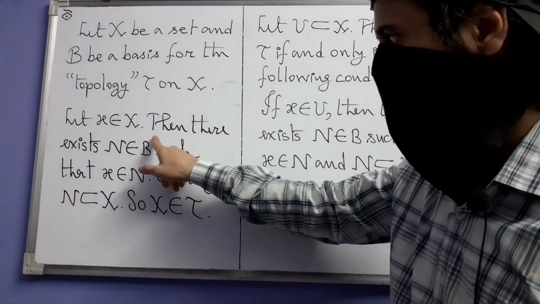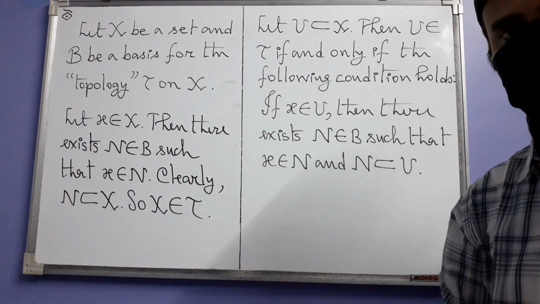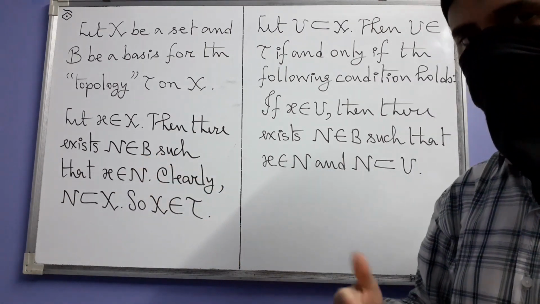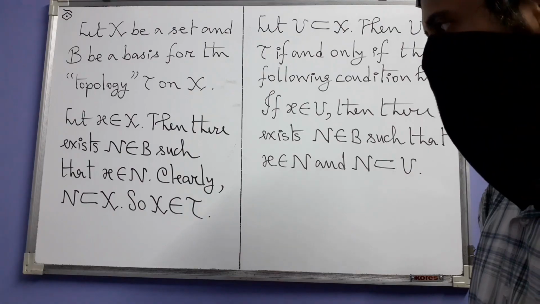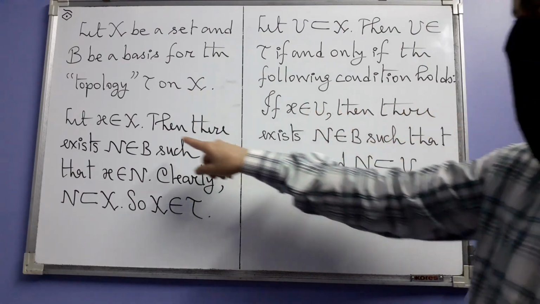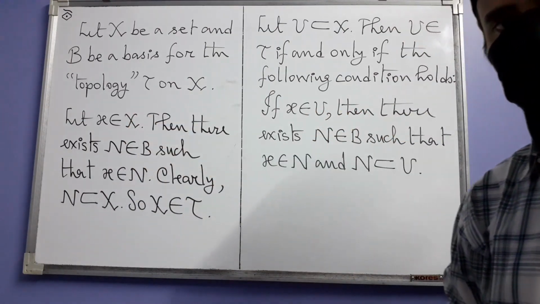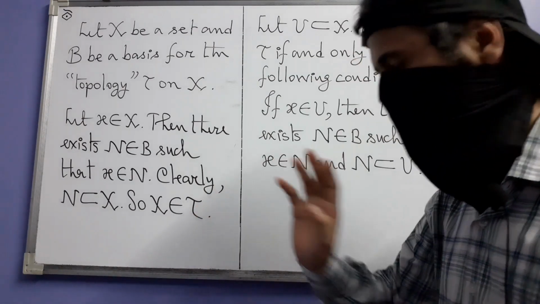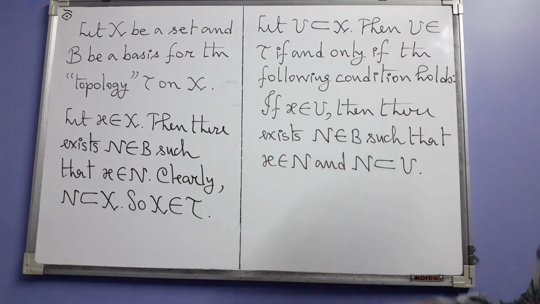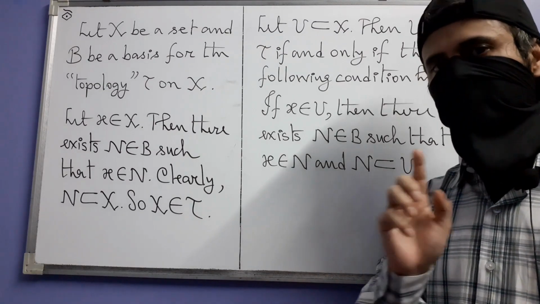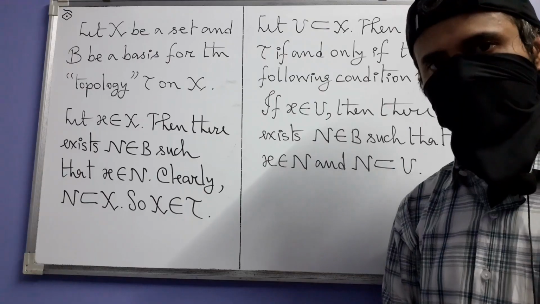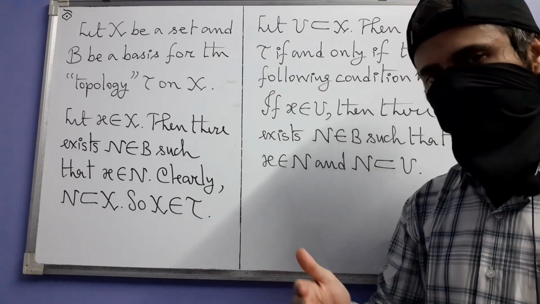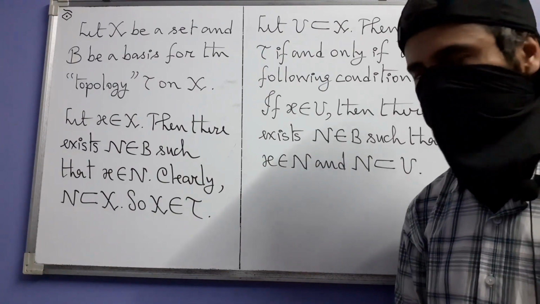Because originally B is a collection of subsets of X. That's why any element from B you choose is after all a subset of X. So these conditions are true if you take X in place of U, and that is why X also belongs to tau. So we have ended up verifying the first condition in the definition of a topology for our tau, that tau contains both the empty set as well as the set X.